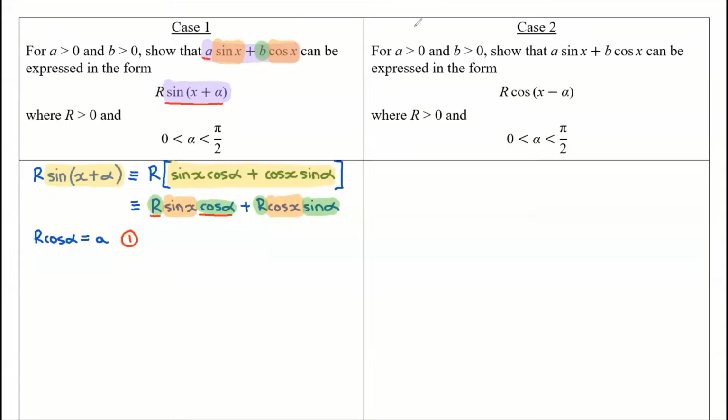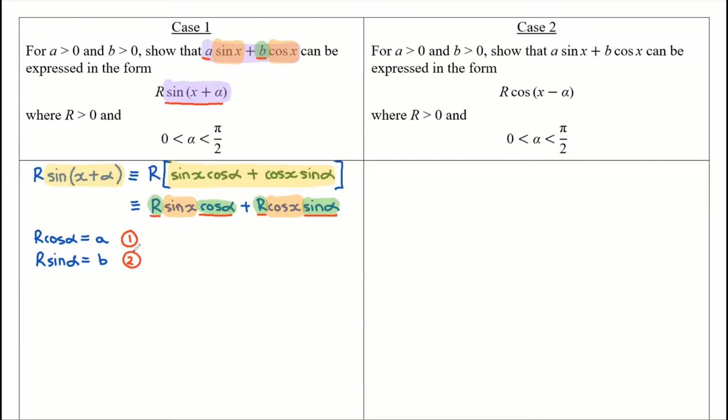It's a coefficient. So in other words, the r and the sine alpha must be the same as b. So I can write down yet another equation. We now have that r sine alpha is equal to b, and we'll call this one equation 2. Right, so this is exciting.